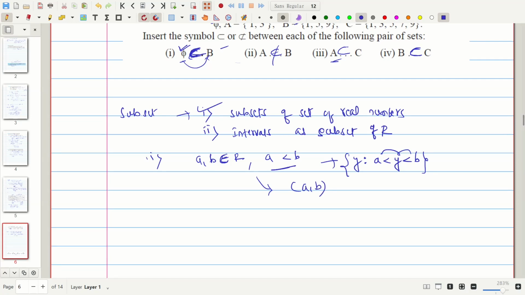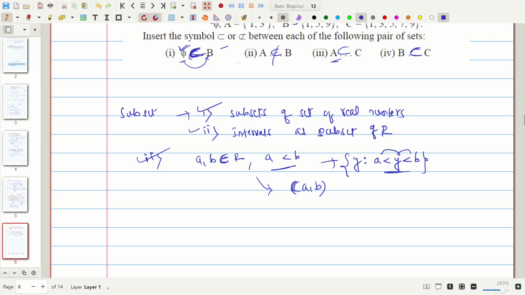Sorry, the second point I'm going to discuss here is intervals as a subset of R. These two conditions I will write in open form. So this is an open form.